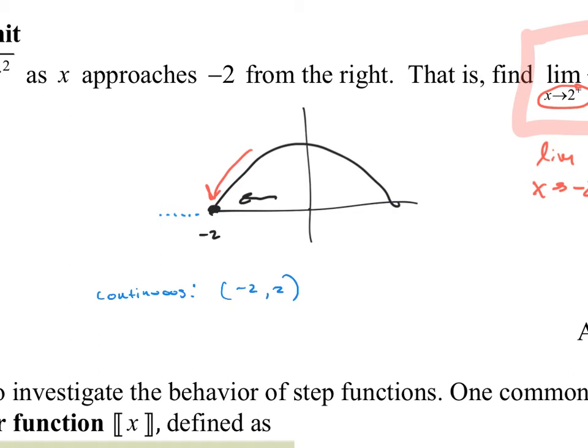Can we include the number negative 2? And the answer is yes, because the limit from the right exists and it's equal to the function value. Likewise, could we include the number 2? The answer is yes. Why? Because the limit from the left exists and it's the same as the function value.